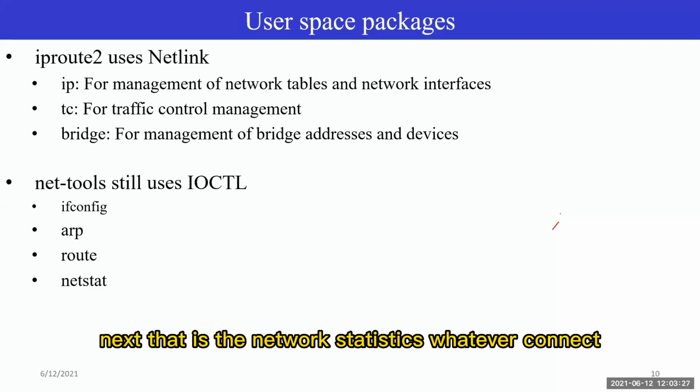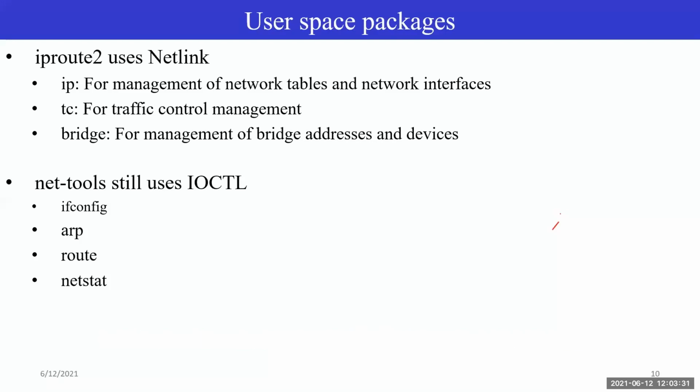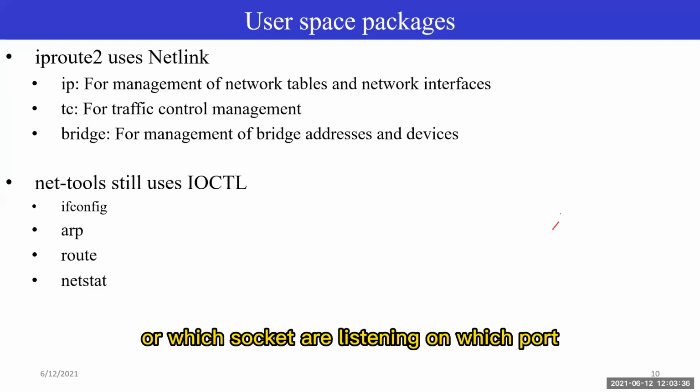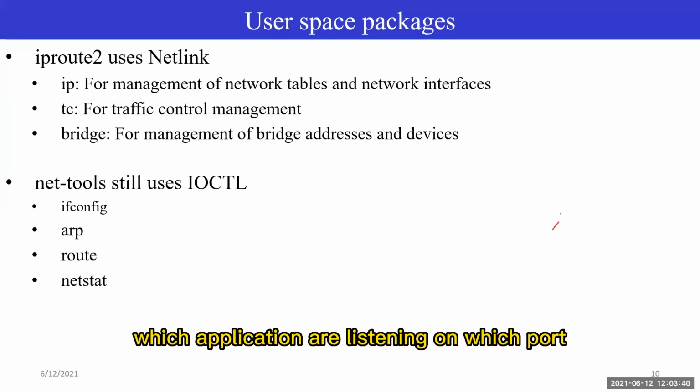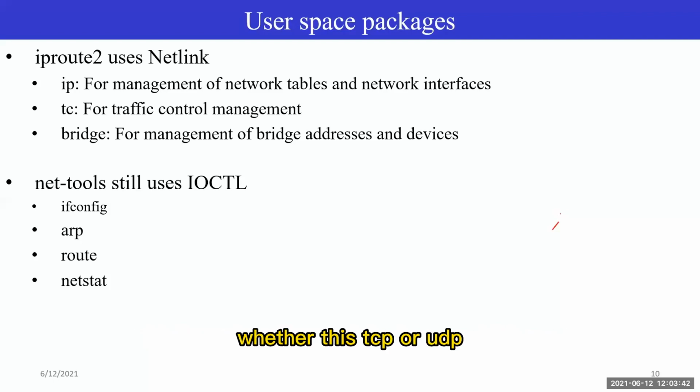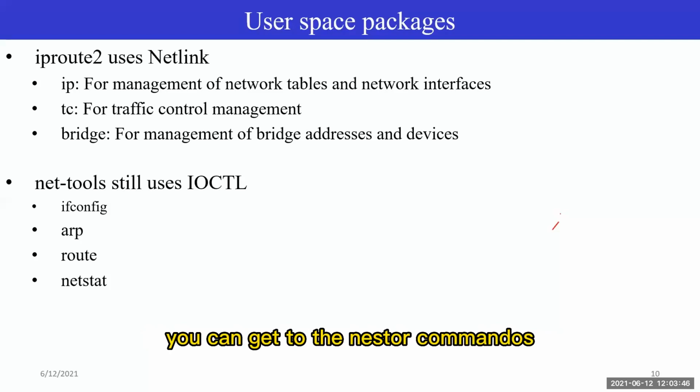Netstat is for network statistics, whatever existing connections there are, which sockets are listening on which port, which application is listening on which port, whether this is TCP or UDP. Those sorts of information you can get through the netstat command also. And internally, they are using ioctl.